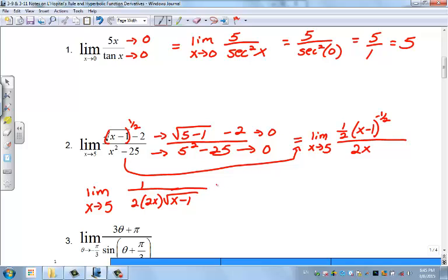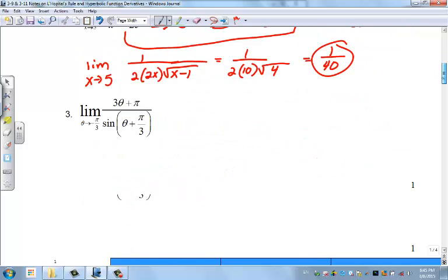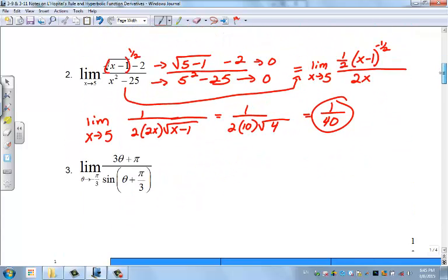So now we plug in, so that's 1 over 2 times 2 times 5 is 10 times radical 5 minus 1, so radical 4. So that gives us 1 over 2 times 10 times 2, or 1 over 40. Okay, so this L'Hopital's rule is pretty great stuff, I mean, from my perspective.